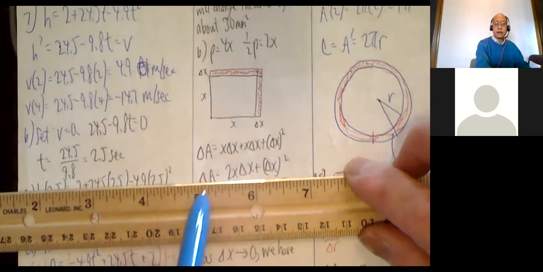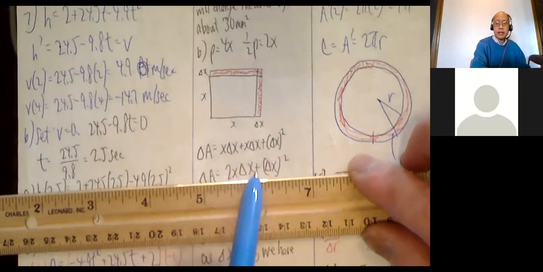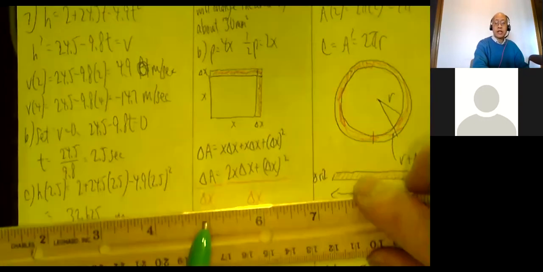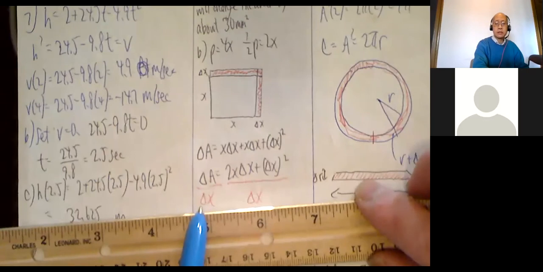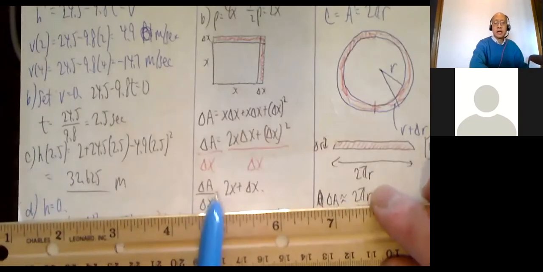I got 2 of these, right? So delta A is 2x delta x plus delta x squared. Okay, so if I divide both sides by delta x, one of these cancels out. So delta A over delta x is 2x plus delta x, algebraically.